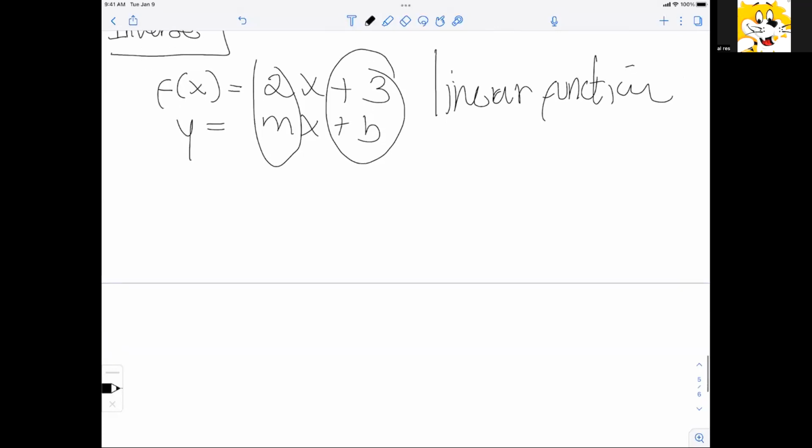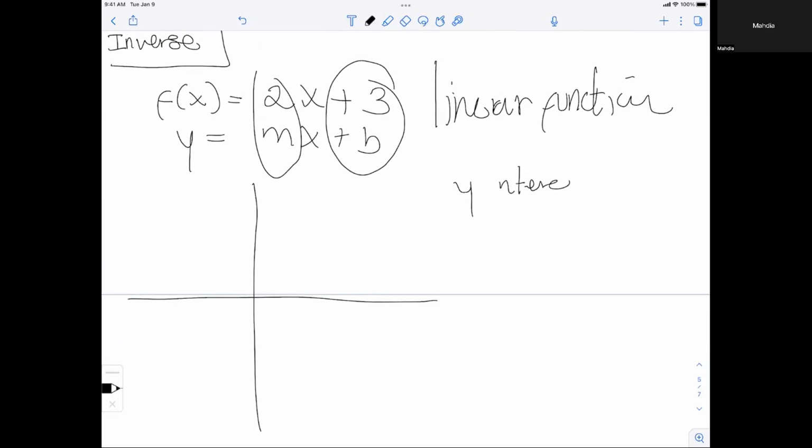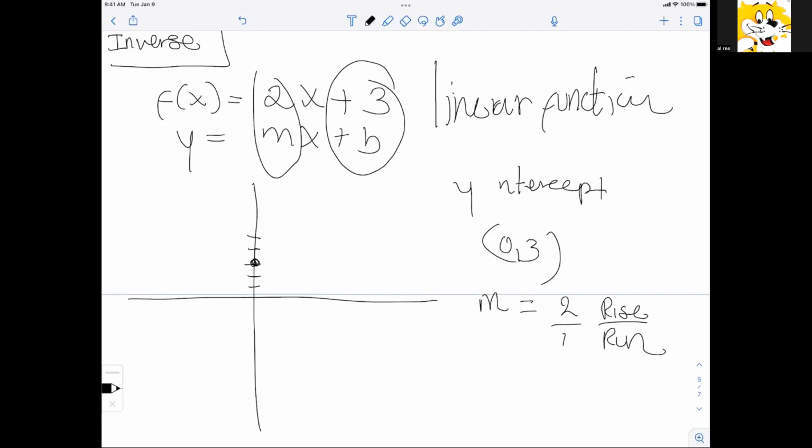Now, if we draw this linear function, what would be my y-intercept? It would be 0, 3. Perfect. What's my slope? 2/1. There you go. So I'm going to go up 2 and run 1.